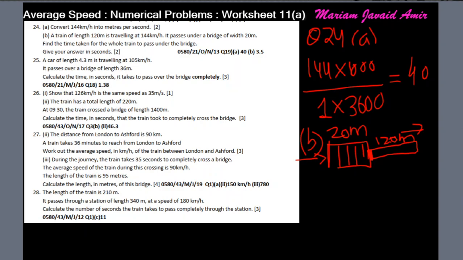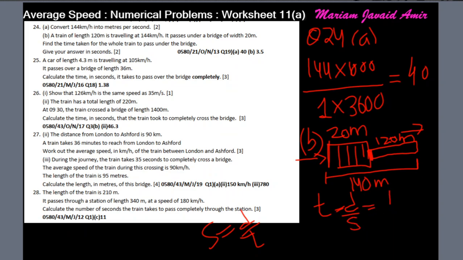Find the time taken for the whole train to pass under the bridge. So now the total distance is 140 and we need the time. Speed is distance over time, so time is distance over speed.